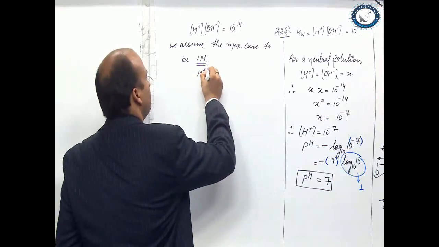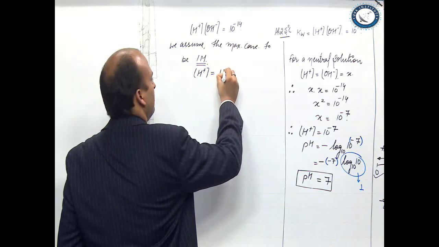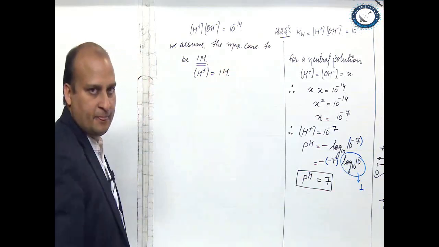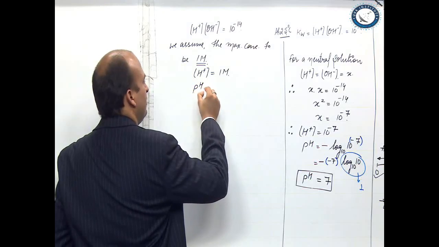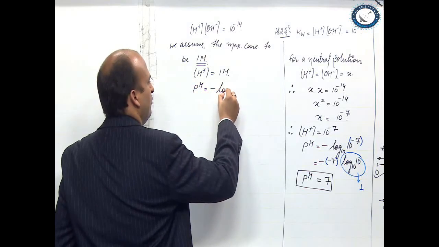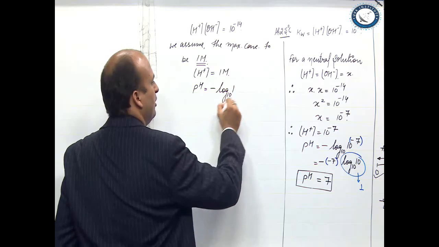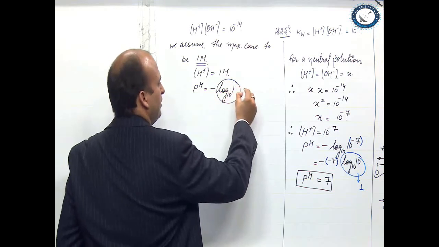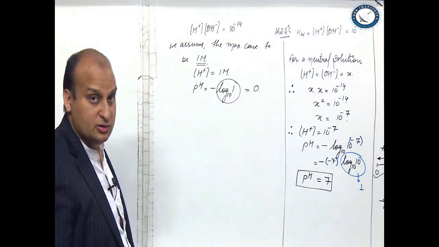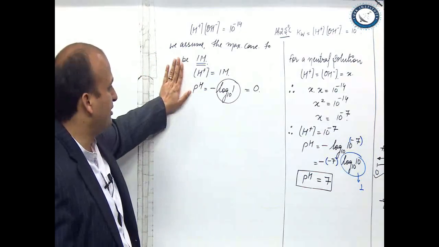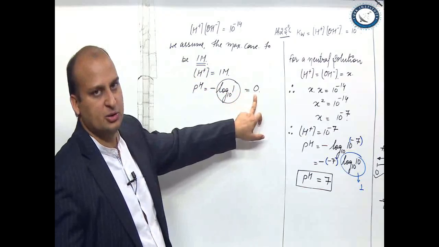So if H plus concentration is 1 molar, fine, this is the maximum concentration. pH will be equal to negative log to the base 10 of 1, and the value of log 1 is 0. So the maximum possible pH is 0.